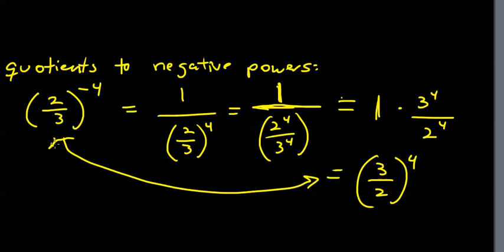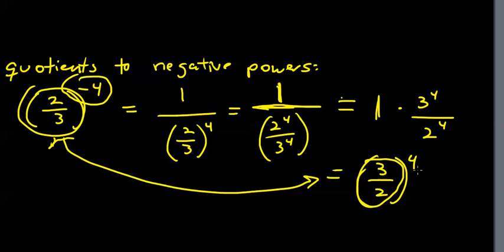I can bypass all this busy work and just notice that if I've got a fraction, or a quotient, to a negative power, I can equivalently invert that quotient and change the exponent from negative to positive.